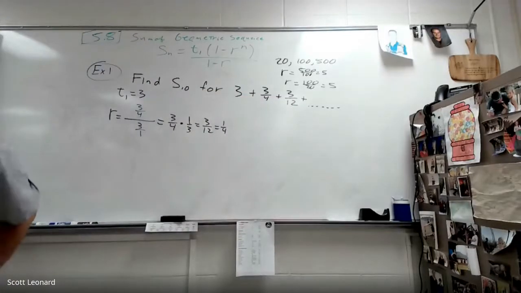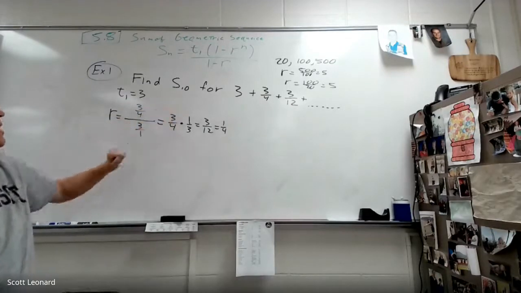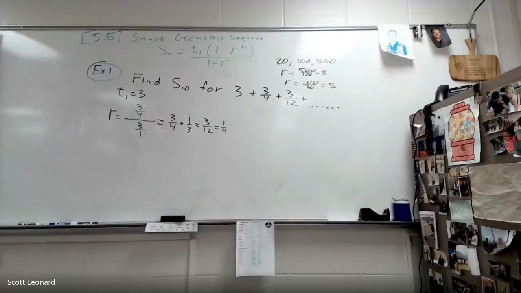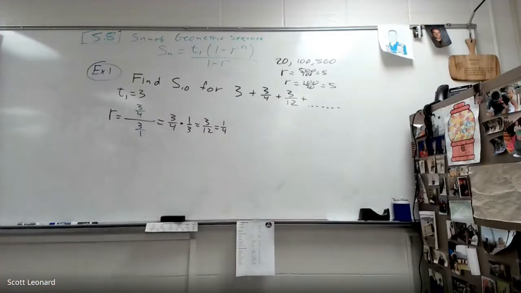So right now I'm going to give you about 3 minutes to find the sum of the first 10 terms. You guys plug all the values in. If you want to turn 1/4 into a decimal, go ahead and do that, 0.25.